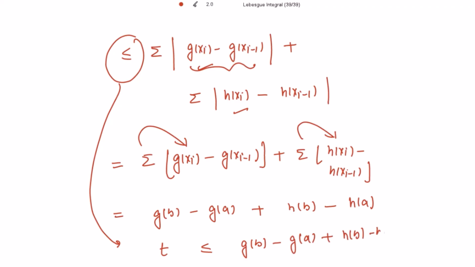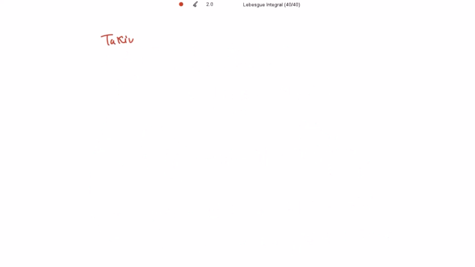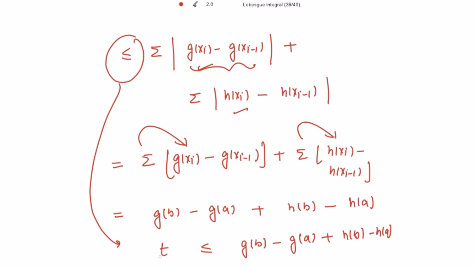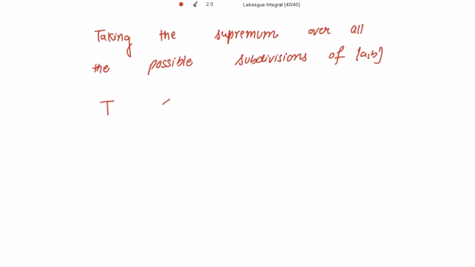And now taking the supremum over all the subdivisions of closed interval [a,b]. When taking the supremum over all the possible subdivisions, this small t will change into the capital T and is less than or equal to g(b) minus g(a) plus h(b) minus h(a).